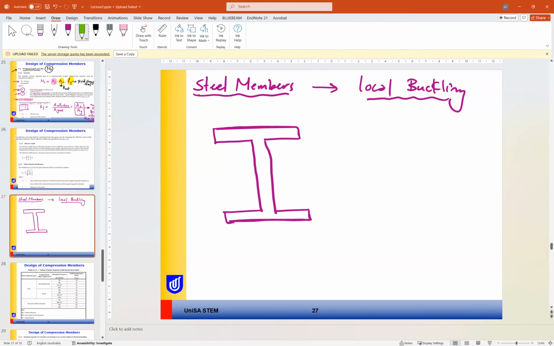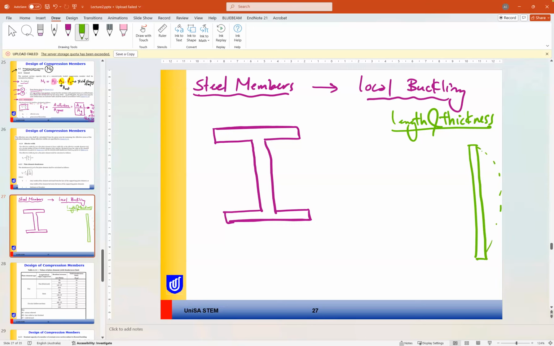And the buckling happens due to the relation between the length and thickness of the member. So if the member is long and thin, it is more susceptible to buckling.